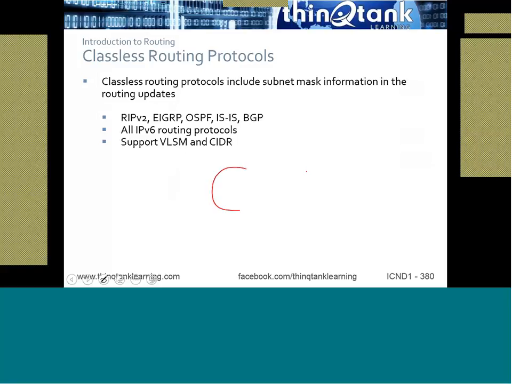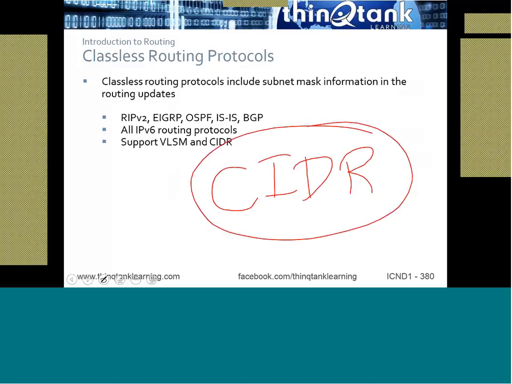Anyway, let's talk about that term, by the way. I mentioned it, CIDR. Anybody that deals with CCNA level material is going to be introduced to this concept of CIDR. CIDR stands for classless interdomain routing.